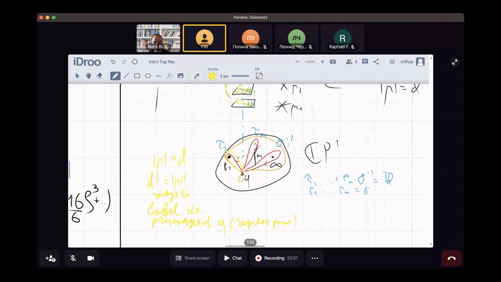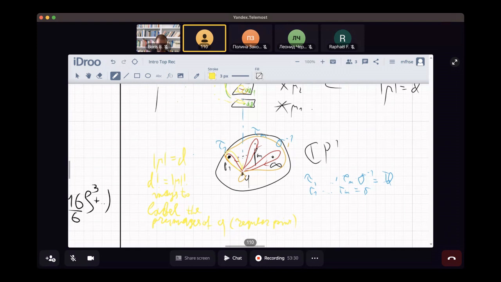But what is the correspondence? How many to one is this correspondence? We take a covering, take a way to label the preimages, and we get a collection of transpositions.